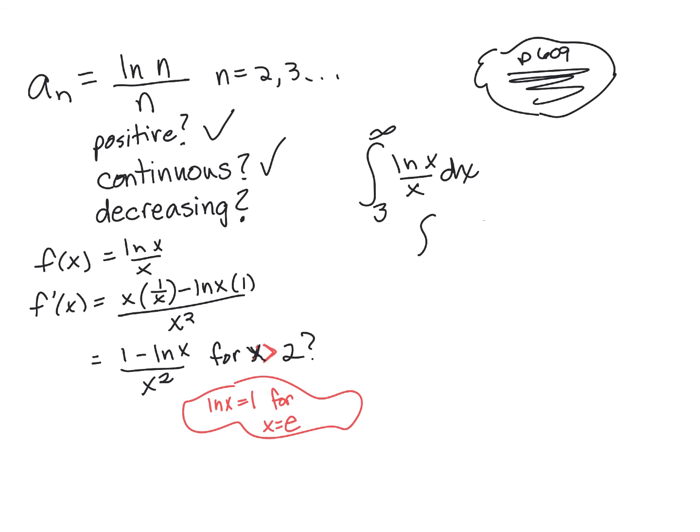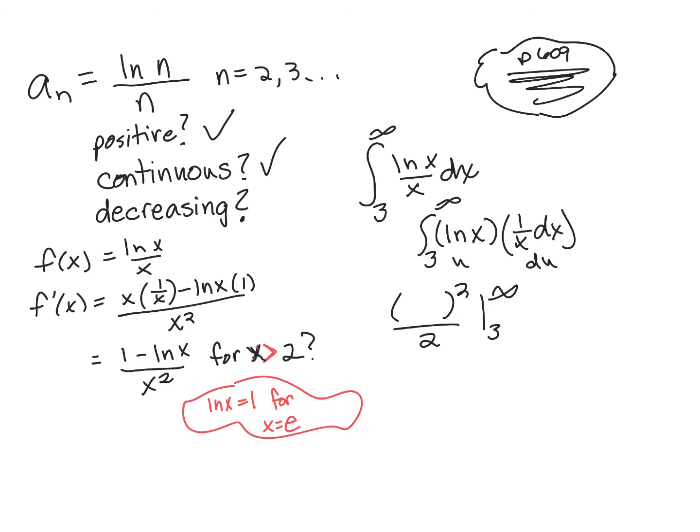So we look at this integral as the ln of x times 1 over x dx. And we have u du. It's a simple power rule. So, here we go. We have blob squared over 2 from 2 to infinity.